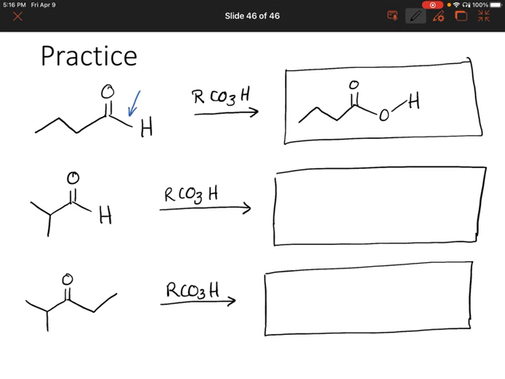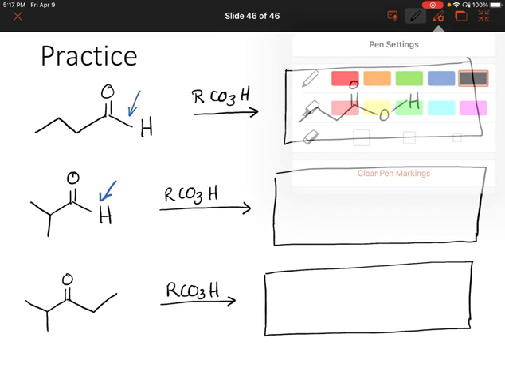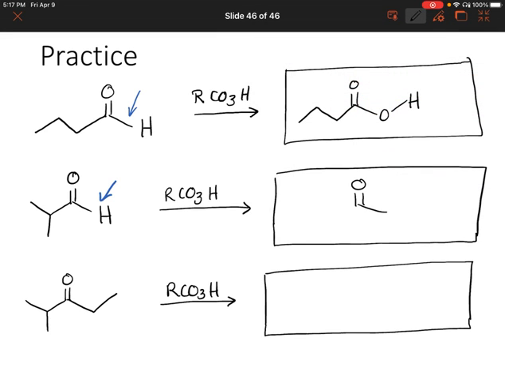What about our second reaction? Where would the oxygen add? Next to the hydrogen again. And again, that makes sense because aldehydes will produce carboxylic acids. All right, what about our last one? Which side will the oxygen add to?